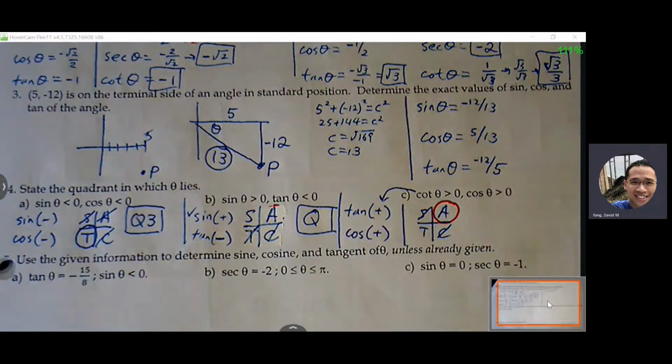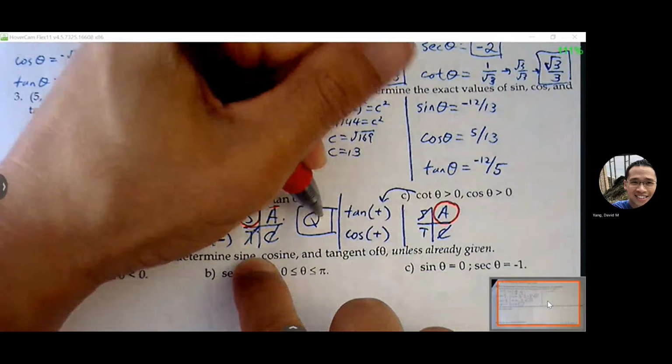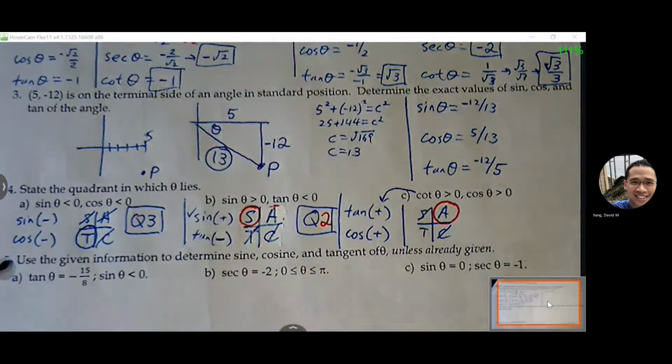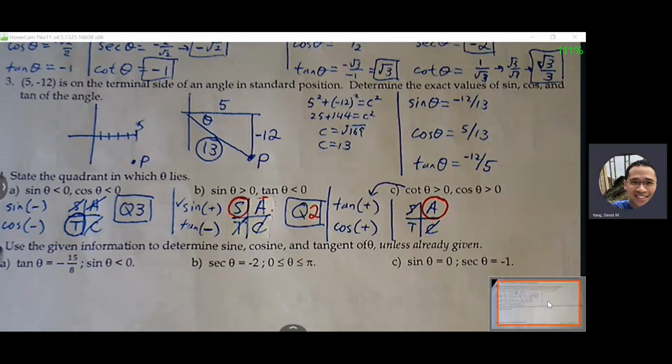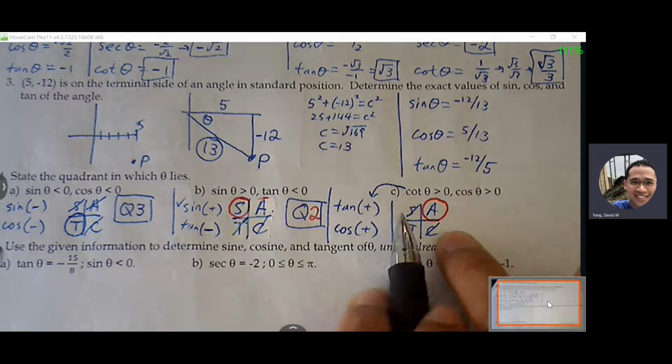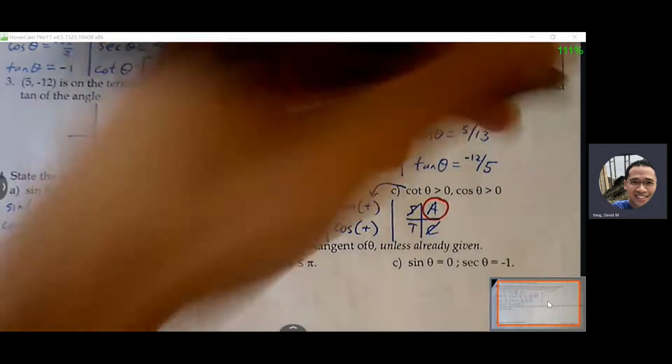And between the first and second quadrants, where's tangent negative? It's going to be with the second. Cotangent positive, cosine positive. Tangent is positive in the first and third, then cosine positive, first quadrant.